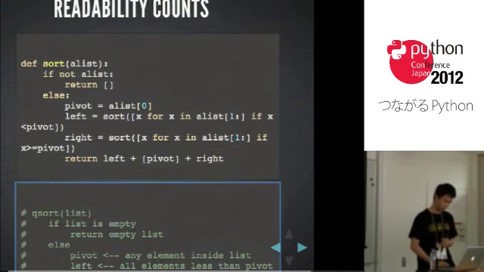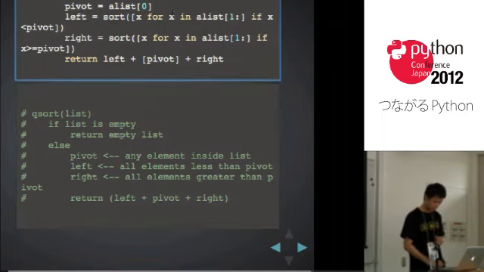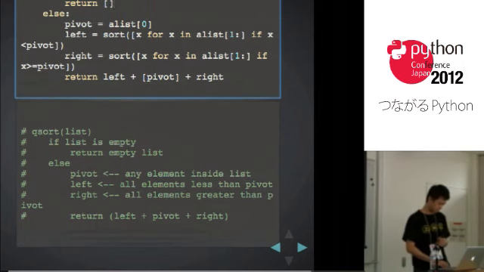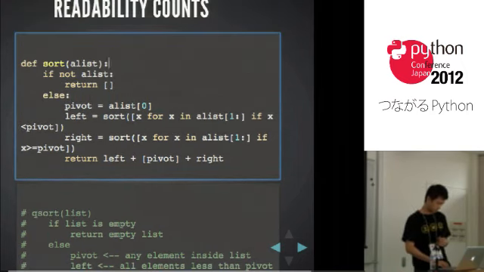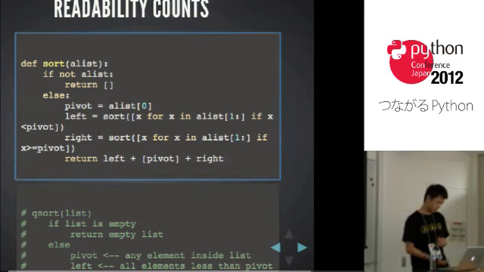Yeah, this is how you do quicksort in Python, and below is the pseudocode. You can see the pseudocode and the Python code look more or less the same. So you don't even need to understand Python to know this is quicksort. It's really intuitive and self-explanatory. So that's a cool thing.